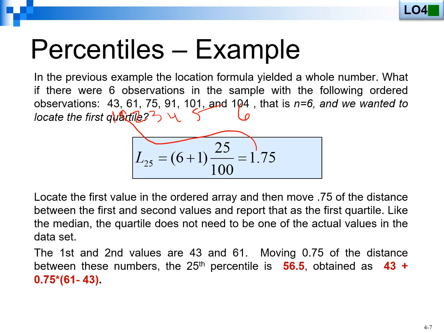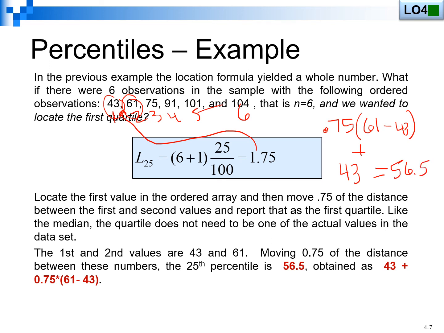So you know it's going to be 1 past 43, so you start counting. You got 1, and then when you get to 2, you stop because this is 1.75. Then you take the difference between 61 and 43, and you multiply that by 0.75. Once you do that, you simply add that to 43, and in this case it gets you about 56.5, as they're showing you down there.